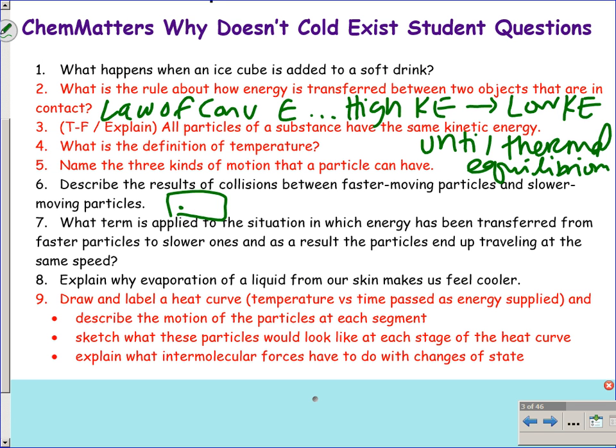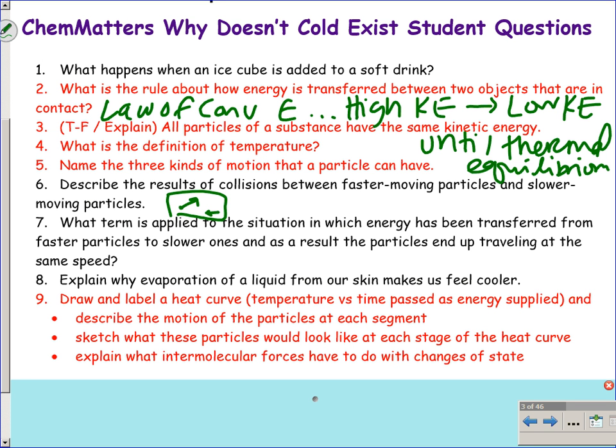Remember you had little particles drawn like this, and they had different size arrows. What were the different arrows indicating? Slower, faster. Some things are slower, some things are faster. So what you can say is that at a given temperature, all of them have the same average kinetic energy. When we average things at the same temperature, that average is the point we look at, and that's what we say is the same.